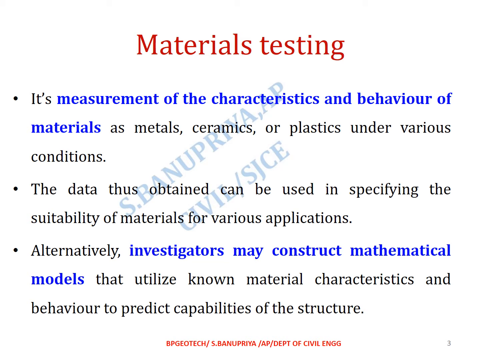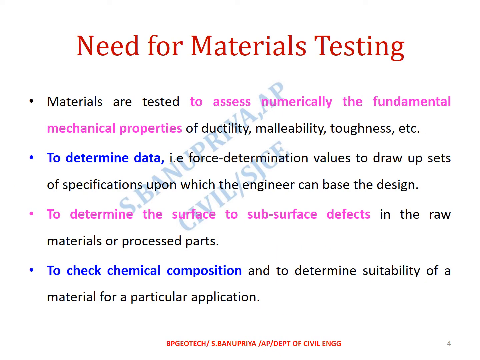First we will see the definition of material testing. Material testing is nothing but the measurement of characteristics and behavior of materials such as metals, ceramics or plastics under various conditions. The data thus obtained can be used in specifying the suitability of the material for various applications. So why do we have to do the testing?